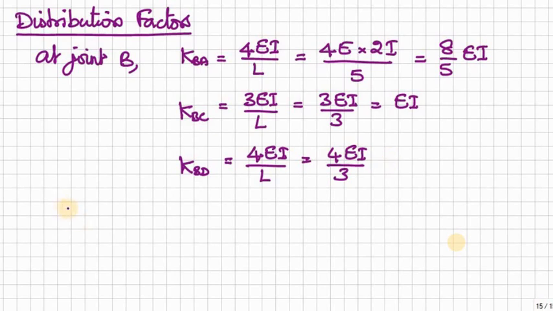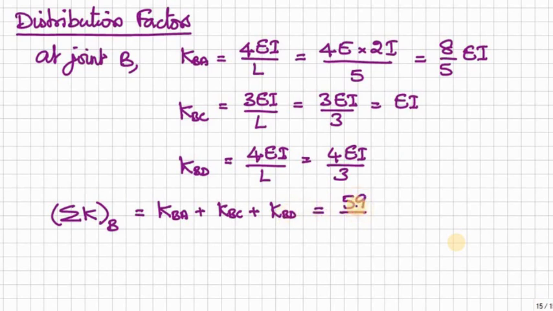Then we can calculate the summation, sigma K, which is equal to 59 over 15 EI.